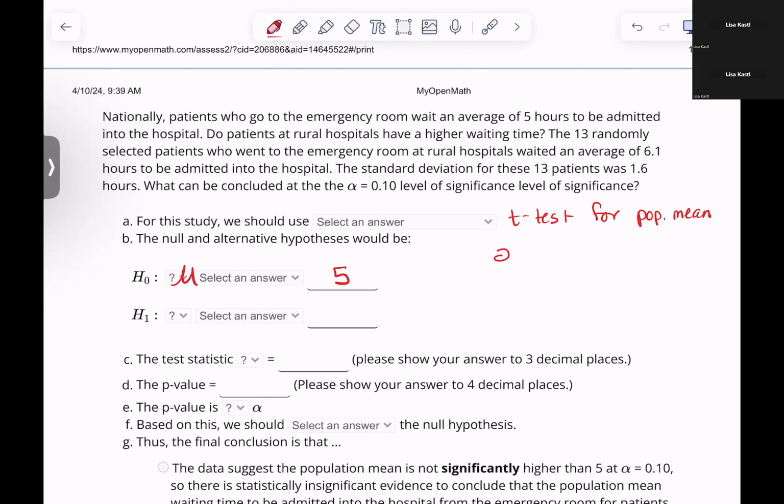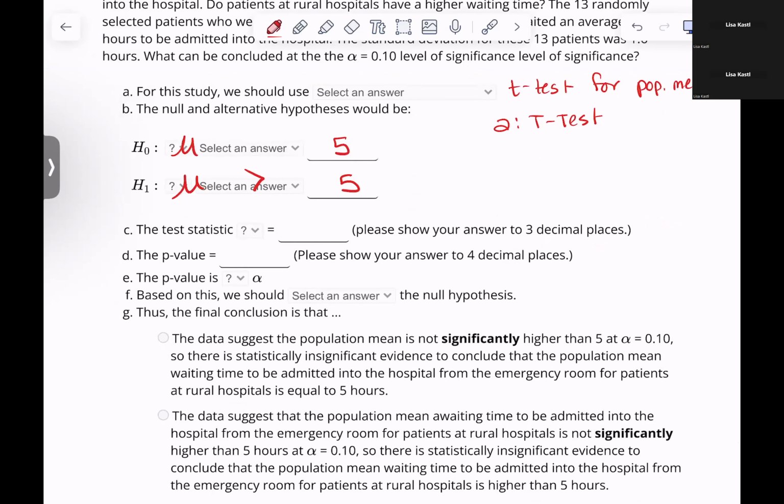And we're interested in if the rural hospital is more than 5 hours. If on average they wait 6.1 hours with a standard deviation of 1.6 hours, is that statistically significant? Well, I got 2.479 for T with a p-value of 0.0145.